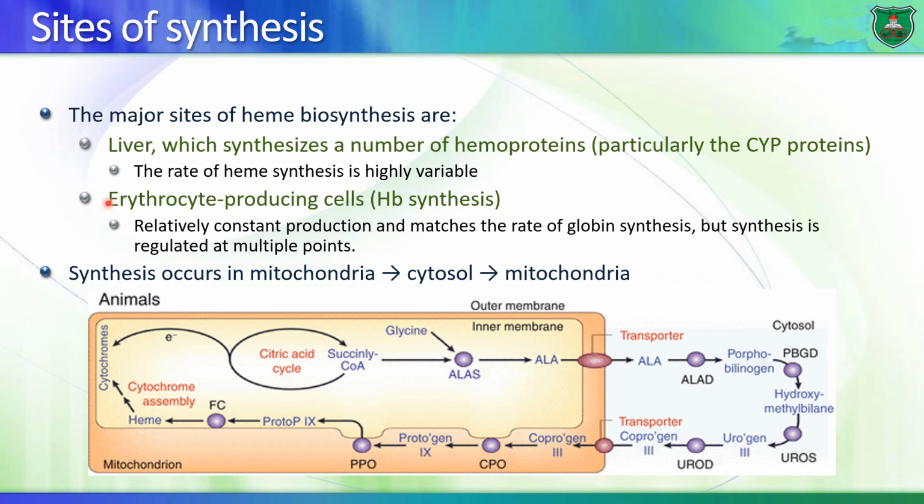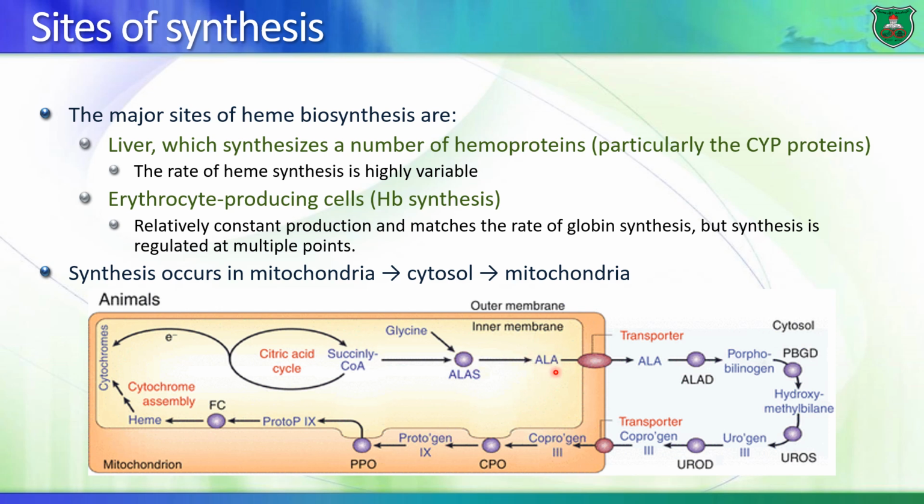Now, inside cells, synthesis starts in the mitochondria, then it continues in the cytosol, and it ends in the mitochondria again. So what you have here is succinyl coenzyme A, which is an intermediate of the citric acid cycle. It conjugates with glycine into a product known as aminolevulinic acid.